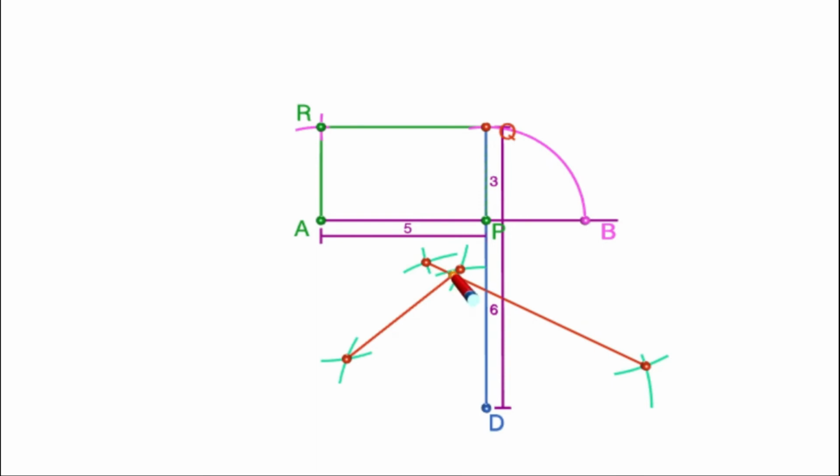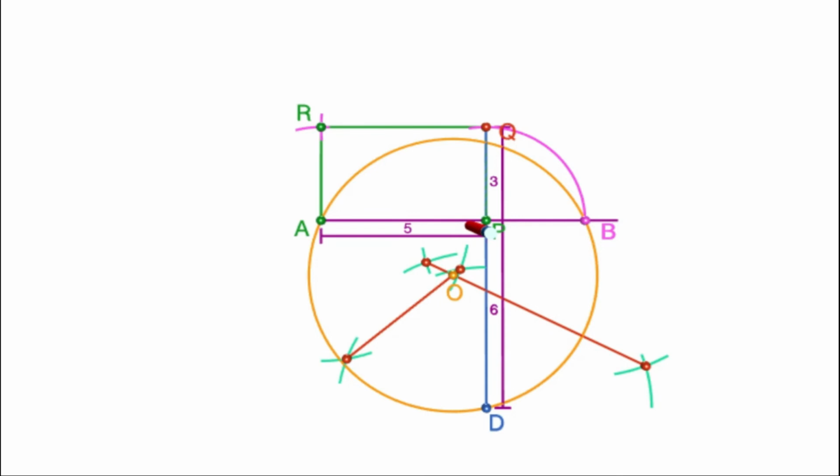The two bisectors intersect at a point that is the center of the circumcircle. Now put the compass at O, take OD as the radius and draw a circle. It is the circumcircle of triangle ABD. You can see the circle passes through the points A, B and D.